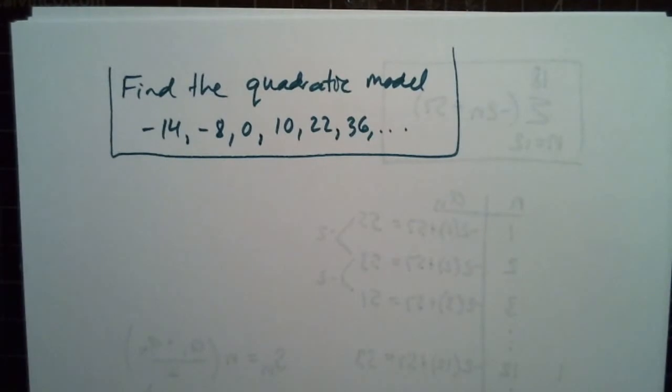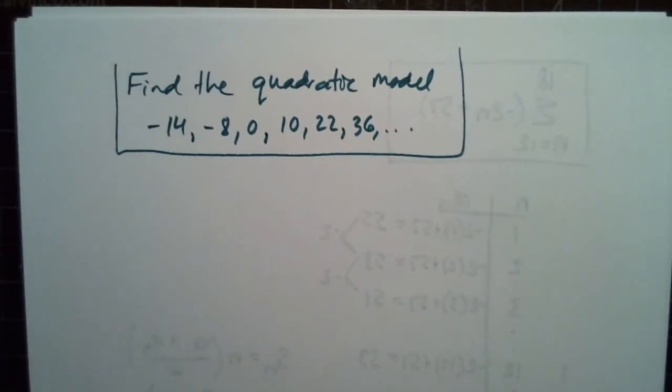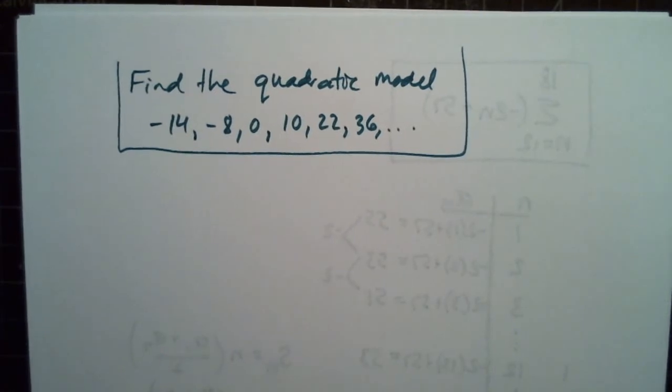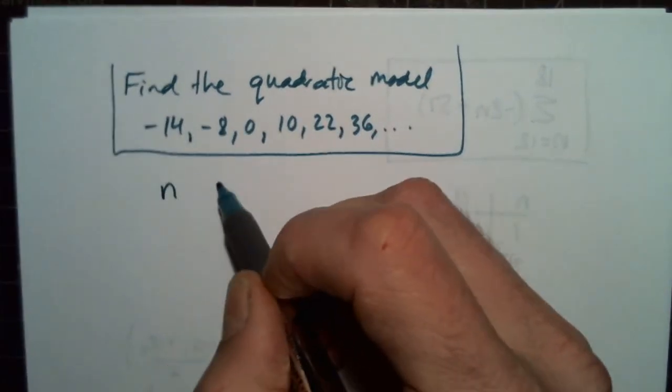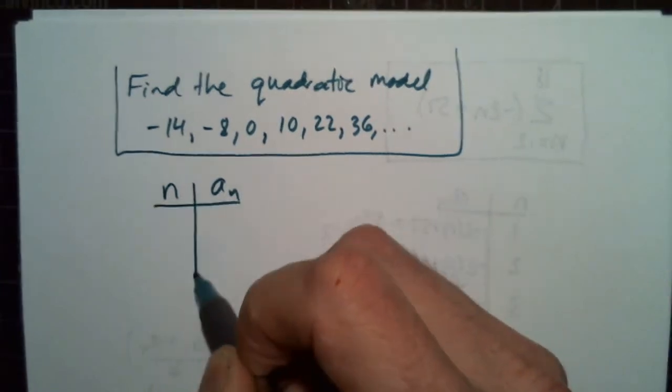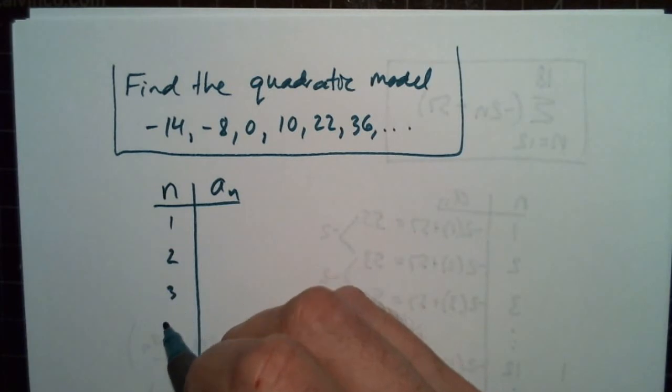Find the quadratic model. Well, if we're looking at something that's quadratic, we can also try to find an arithmetic sequence in here. So let's analyze using a table.